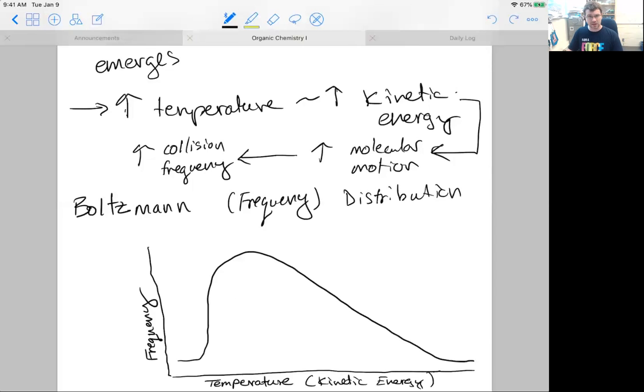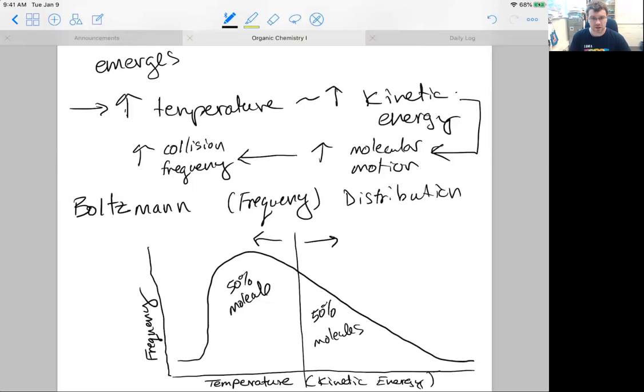Now, in statistics, you would use some sophisticated mathematics to show that half of the population exists on the left and right, and that the line that cuts 50% on one side and 50% on the other is somewhat to the right of the highest part of the hump. That's because this is a skewed distribution. So 50% of the molecules have a population to the left of this number, and 50% to the right of that number.